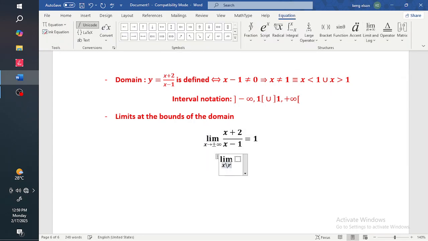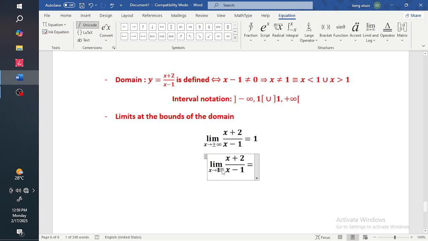So the limit as x tends to 1 from below of (x + 2) divided by (x - 1). What does this give us? Now here we have to replace x. A number that is less than 1 from below is a number that is less than 1 but very close to 1.